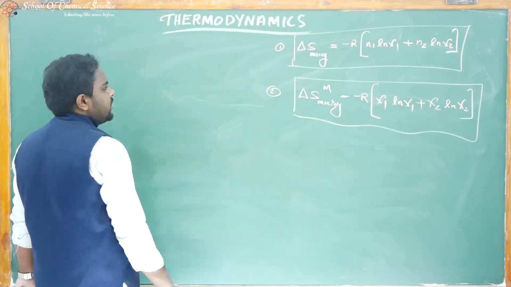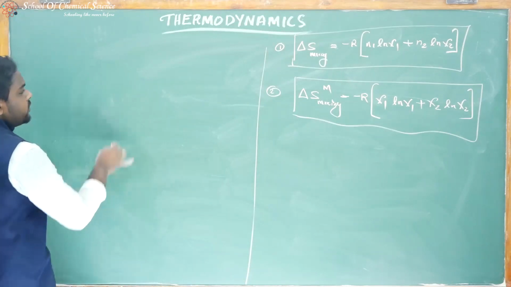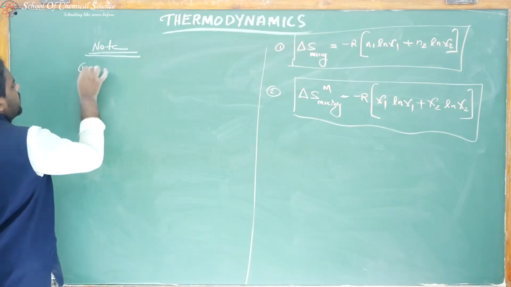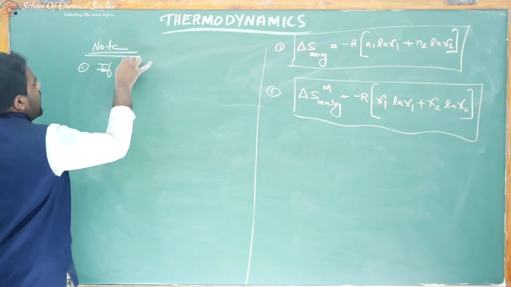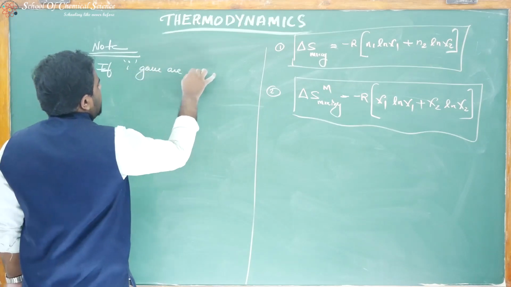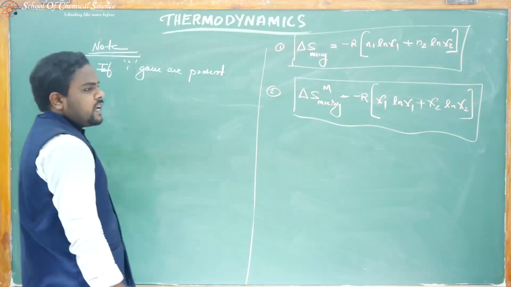Okay, then write a note. First note: if i gases are present, here only two gases are there, gas 1 and gas 2.